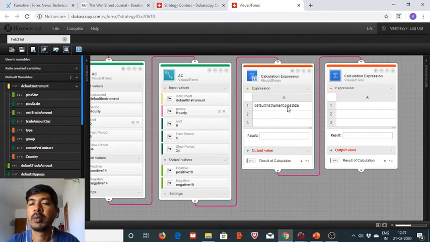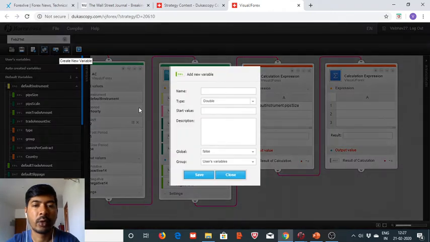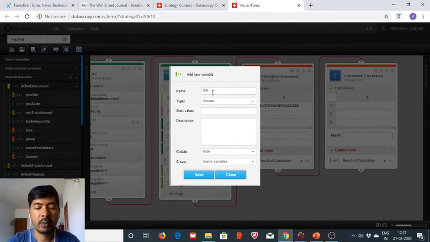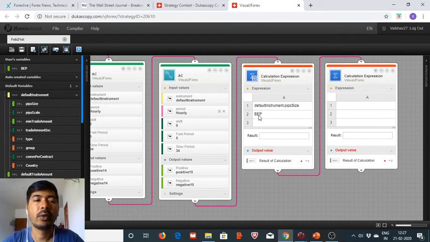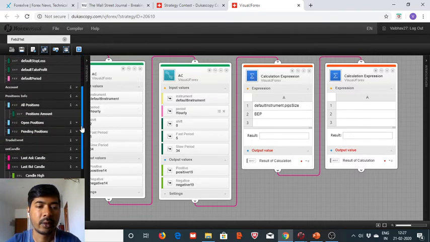So we do the default instrument pip size, and then we design a new variable, and let's create a new variable named BE by entry, or BE by entry price, and as we are placing the order 5 pips below from the current price, we will save it as 5, and then we will assign BP here, and we will do the multiplication, the default instrument pip size, that is the pip size of the Euro USD, and then the 5, it will multiply it, so we will get the 5 pip, and here we will utilize the last candle price.